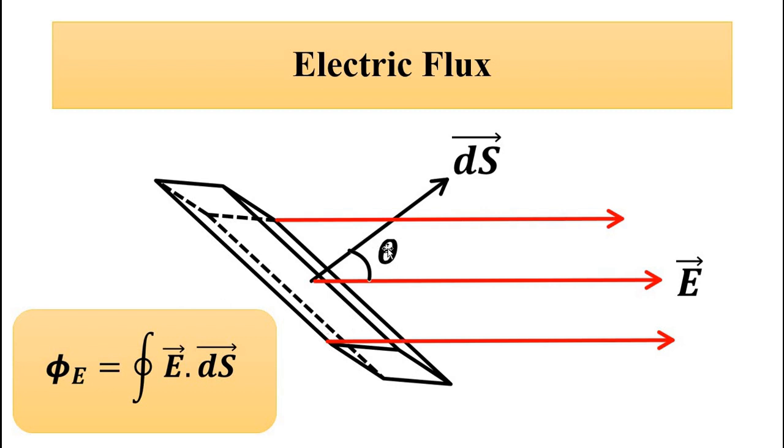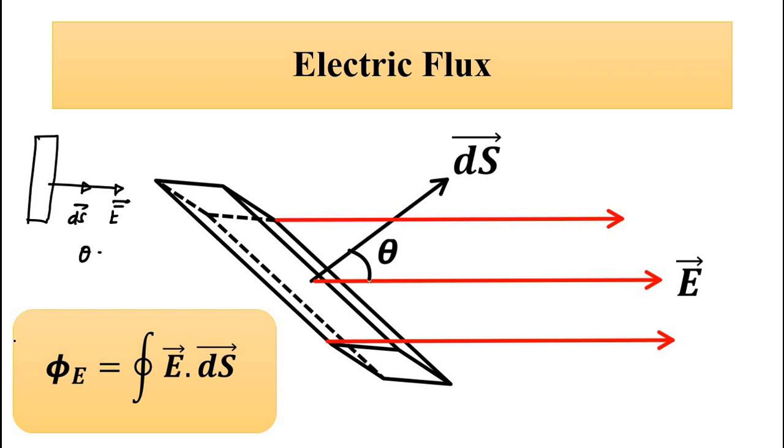When theta is 0 degree, the surface will be held upright like this, with the electric field lines and the area vector.